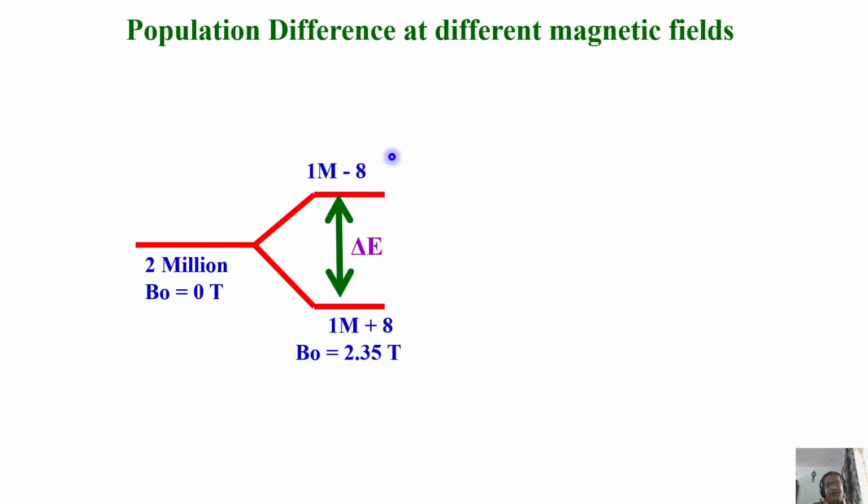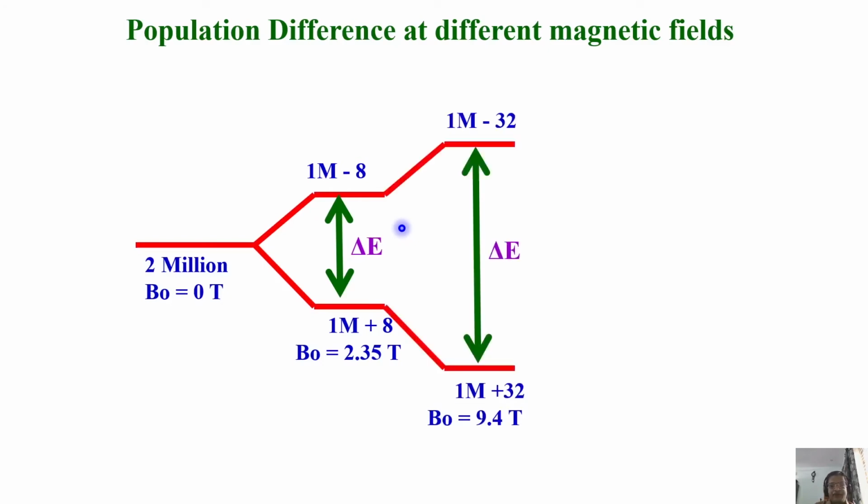It is only 16. The population ratio is 16, not the difference. But I made it a small number, so I took it as a difference, so that when you subtract these two, you will get 16 as the difference. So the population ratio is 16, but I'm showing you here the difference, not the ratio. Please remember this. This is a small number you can work out. I had no time to work it out, so I'm giving you this value.